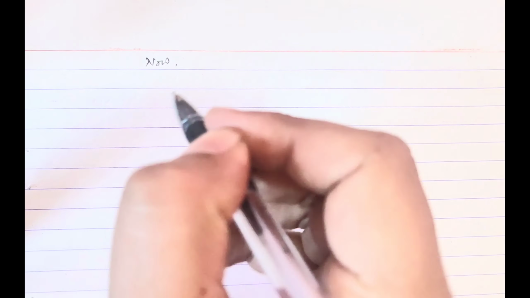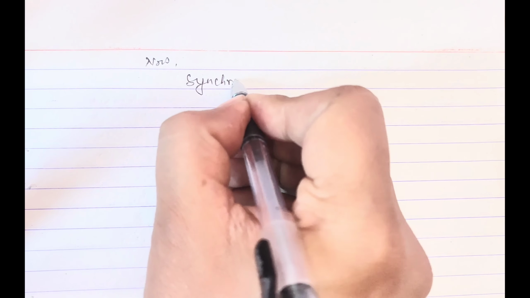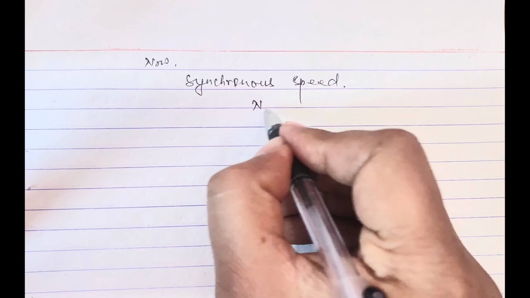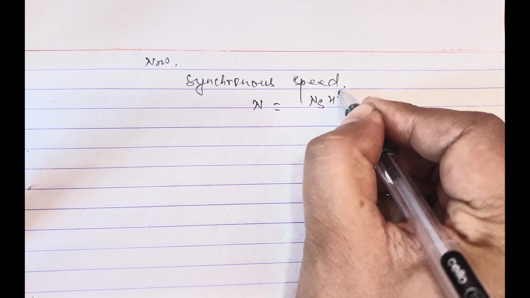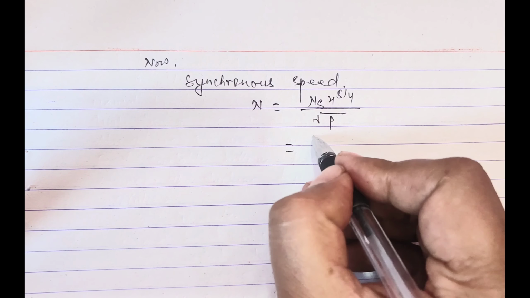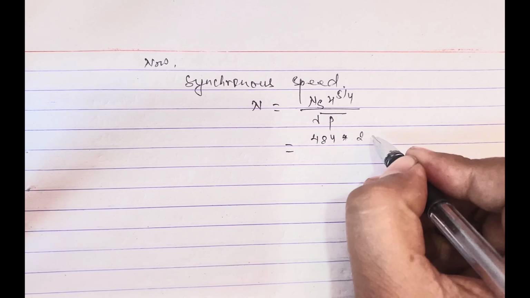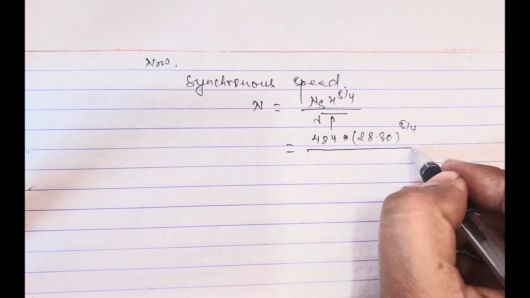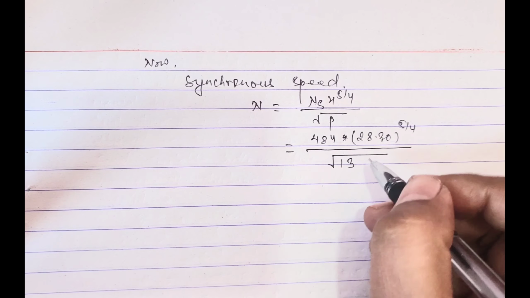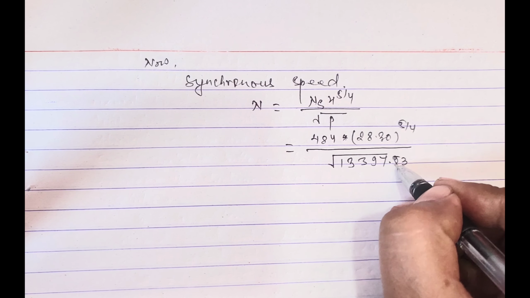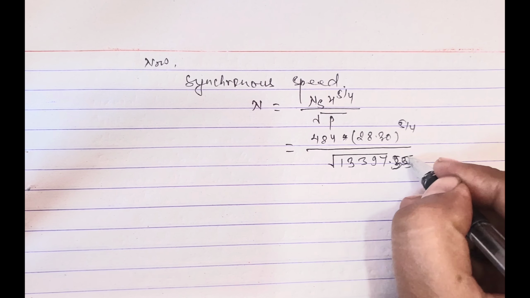After this, we will calculate the synchronous speed N equals Ns H power 5 by 4 divided by root over P equals, the value of Ns is already calculated as 484 times the value of H, 28.3 power 5 by 4, and root over P, where the value of P is already calculated in horsepower, 13397.356.